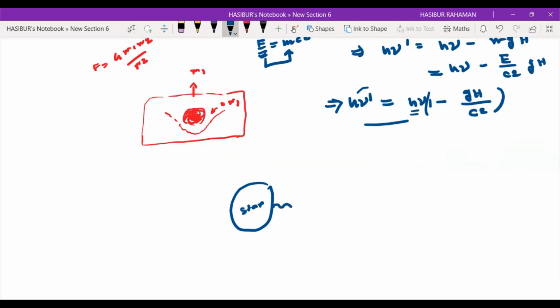At the surface there is a frequency, but as it goes away from the surface, this frequency changes. Its frequency decreases, which is also verified from the equation h nu prime equals h nu times (1 minus gh upon c square). Frequency decreases, which means wavelength lambda increases. This is called gravitational redshift.